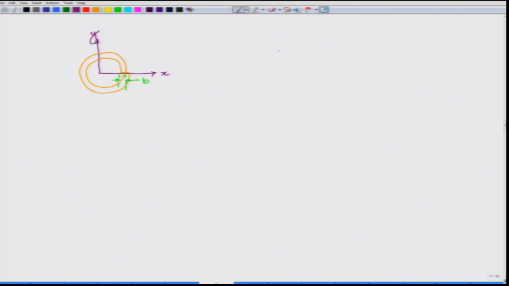What are the other translations possible? So, this is in x, the other is possible in y, and there can be two different configurations for y translation.